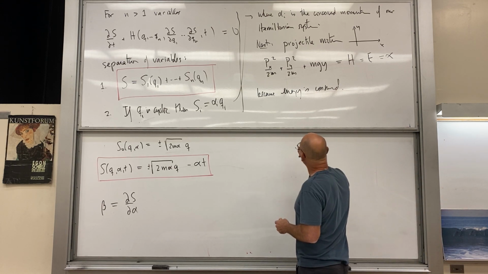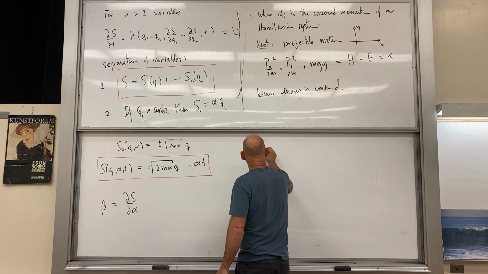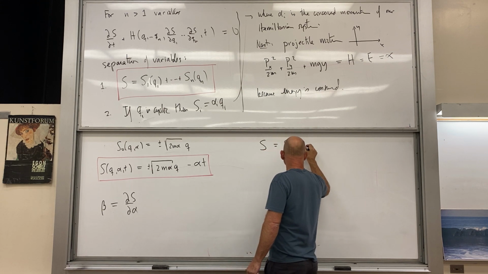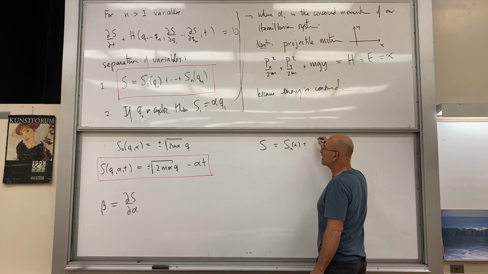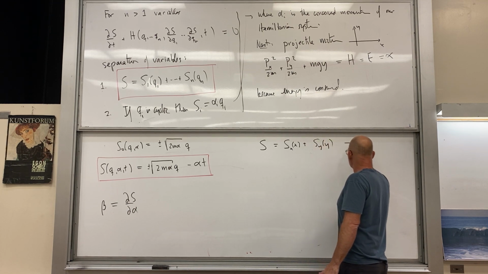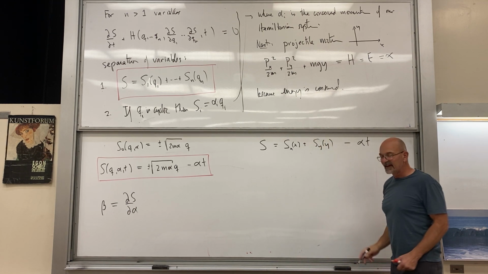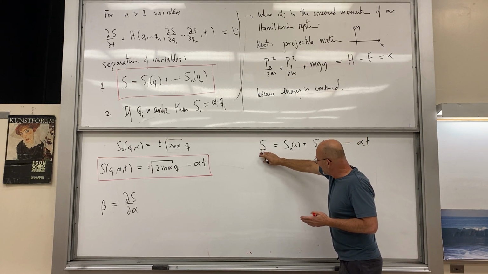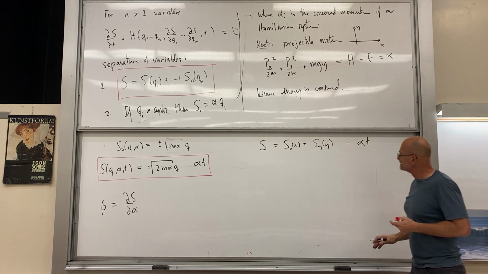Okay, what we're going to have now, S is going to be S_x of x plus S_y of y minus alpha t. That's what our S is going to end up looking like.